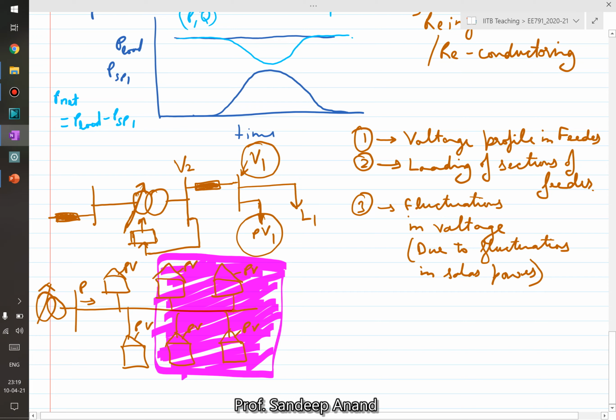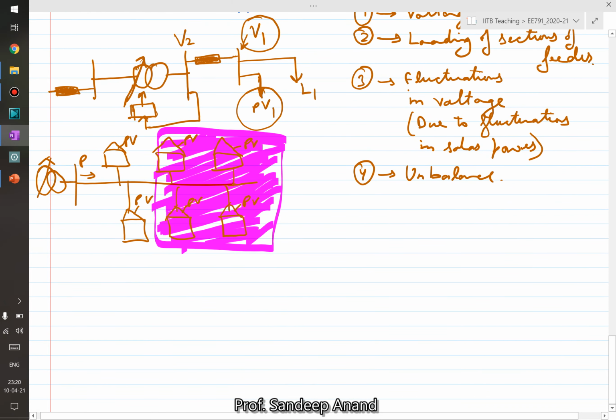Now the fourth problem which might come because of solar photovoltaics in a distribution system, in a feeder, is that of unbalance. In a way it's very similar to the third problem, because the feeder is distributed among different houses.